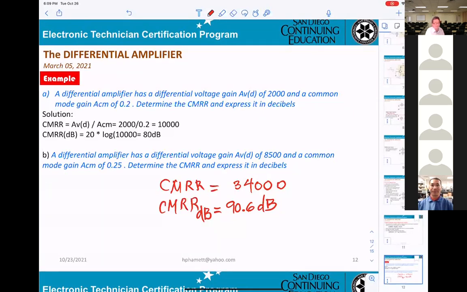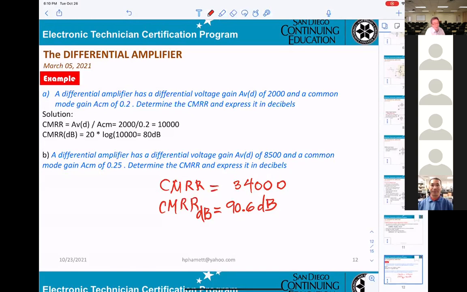That means they amplify the very, very small signal at the input, so you're able to see the signal at the output. Without common mode rejection, at the output you cannot see your signal. So that's how you understand the common mode rejection ratio.